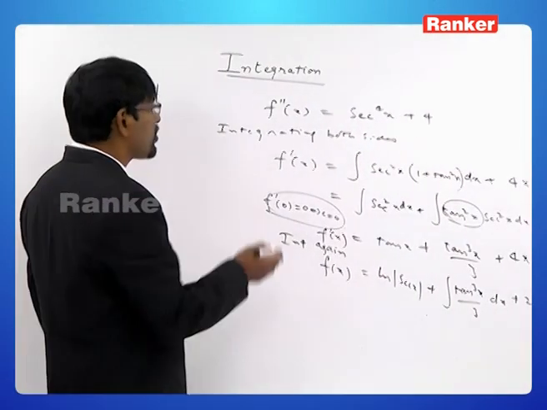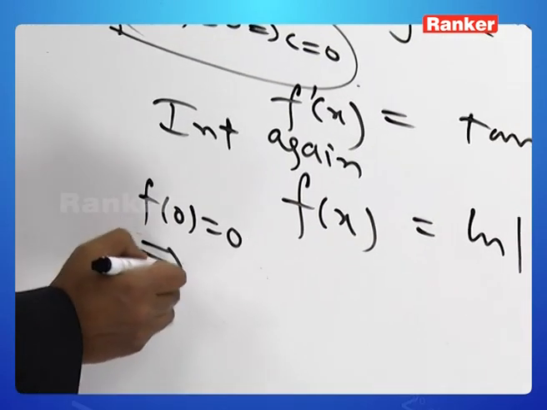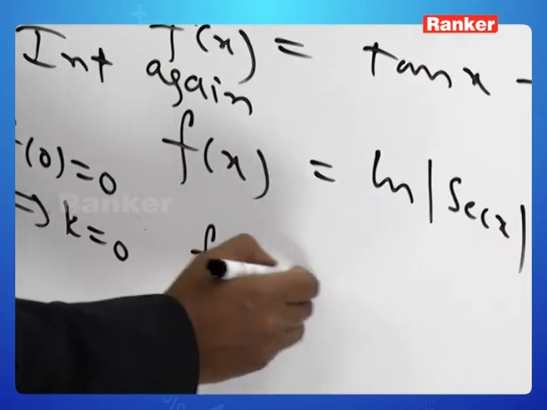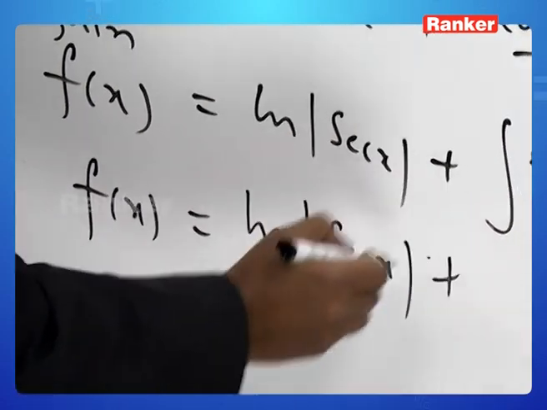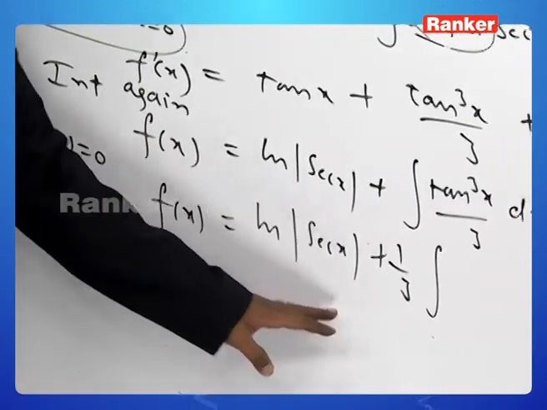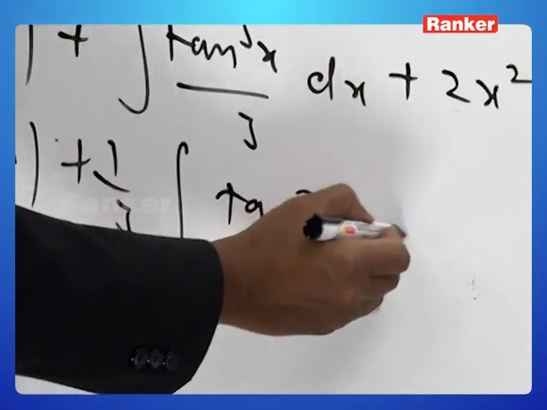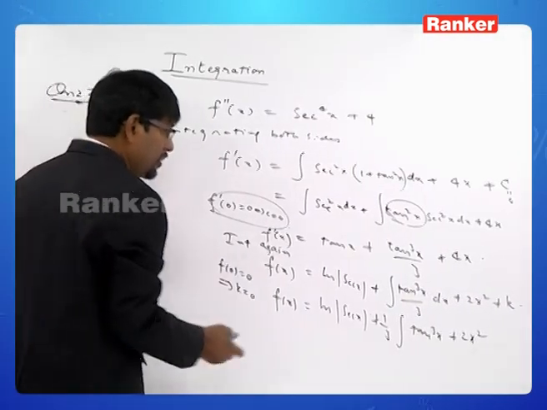But that would also become 0 since f of 0 is 0, which implies k is 0. Therefore, f of x is equal to log mod secant x plus 1/3 of the integral of tan cube x plus 2x square. K we have found to be 0, so we will just leave it.